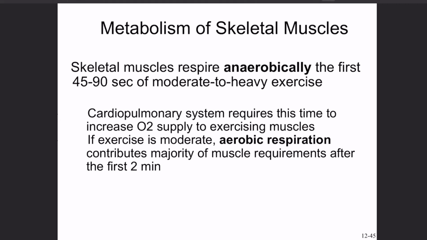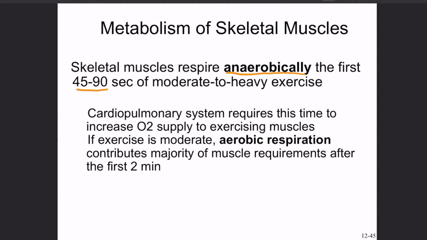So skeletal muscles receive their energy in different ways. And this is interesting if you like to exercise, or if you've ever played sports in high school or something. The first 45 to 90 seconds of moderate to heavy exercise is actually receiving energy anaerobically.